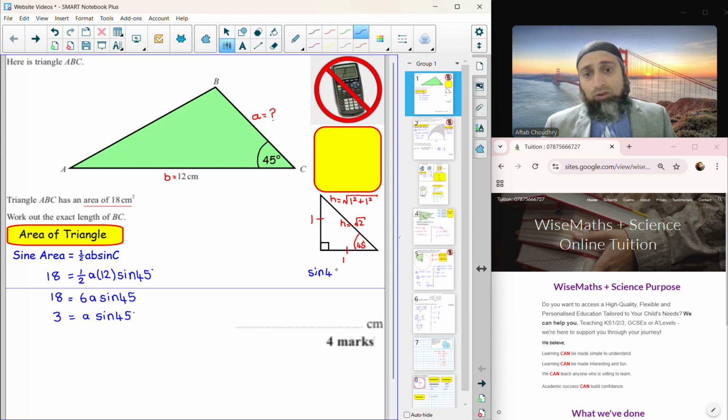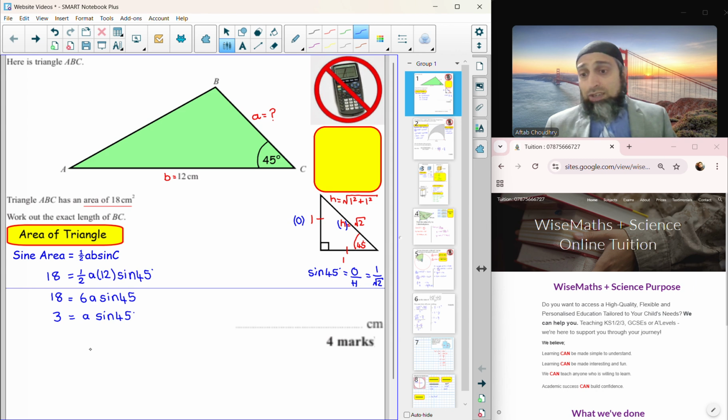We should know through our trig ratios that sine is equal to the opposite over the hypotenuse. So on our triangle, let's label the opposite, and as we know, this is our hypotenuse. Therefore sine 45 is equal to 1 over root 2. Using this method, the exact value is 1 over root 2.